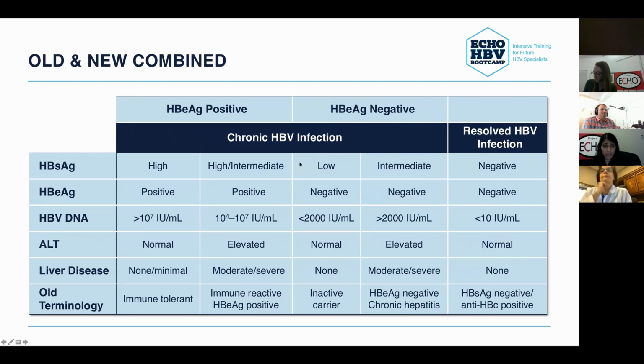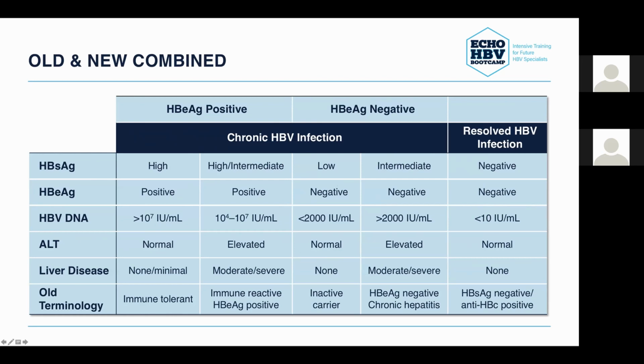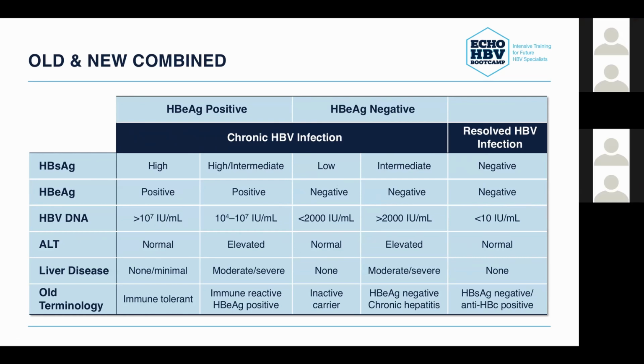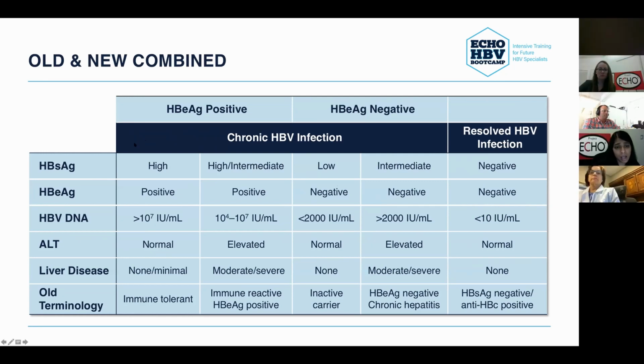But most people we're talking about are in this chronic Hep B infection. So they have surface antigen that's positive. And when we're talking about high, intermediate, and low, this is in reference to titers. And titers, to be honest, are not something that we typically check routinely when we're talking about surface antigen. So just know that if that's positive or reactive, again, it usually goes with the chronic Hep B diagnosis.